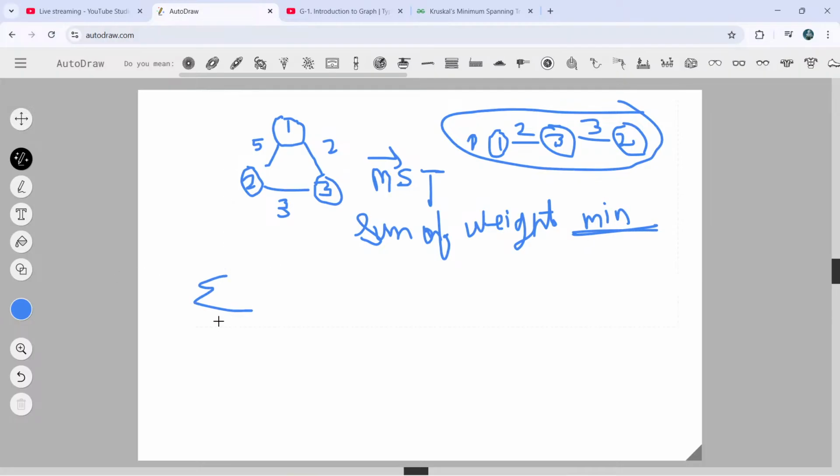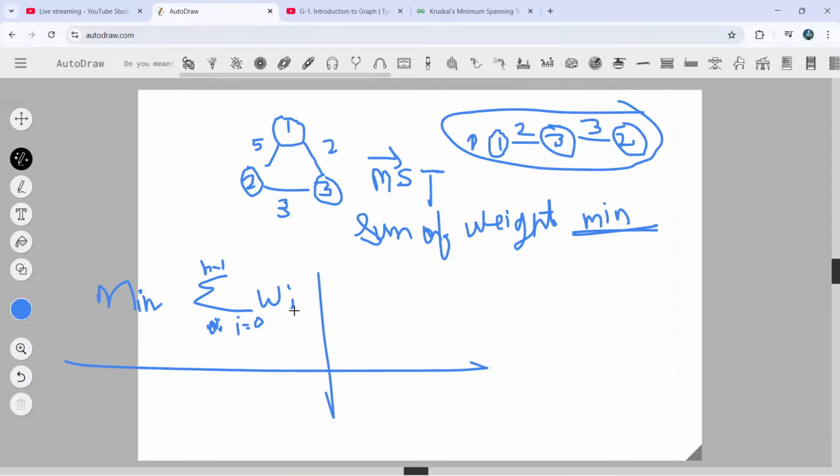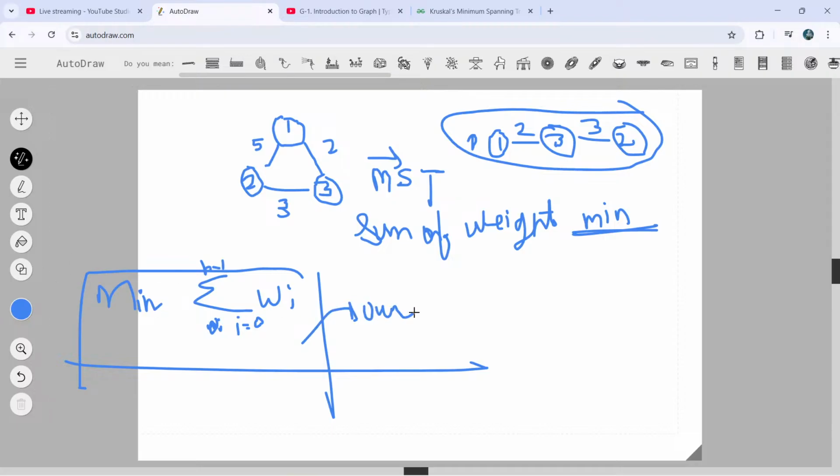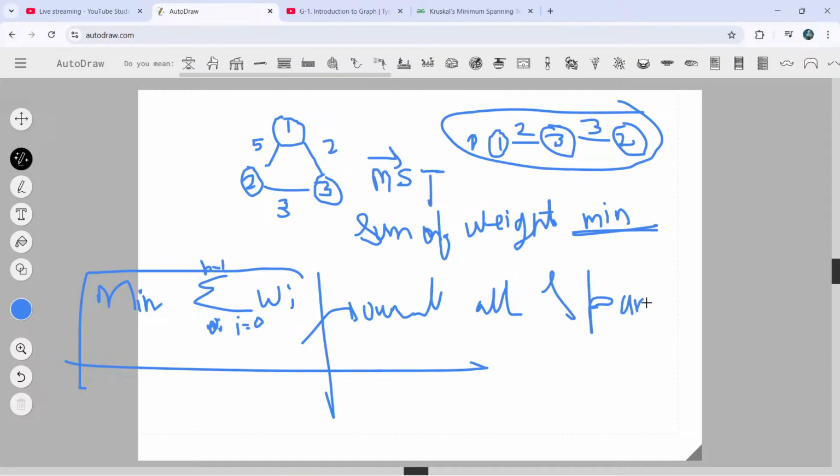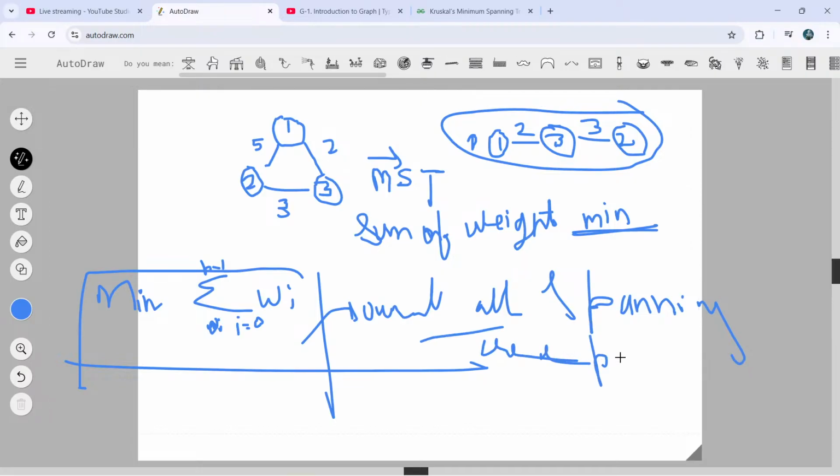So the sum of weight i, where i is equal to 0 to number of nodes minus 1, is minimum over all spanning trees possible.